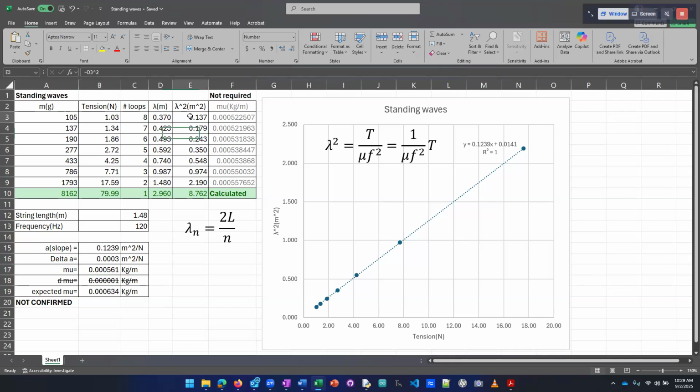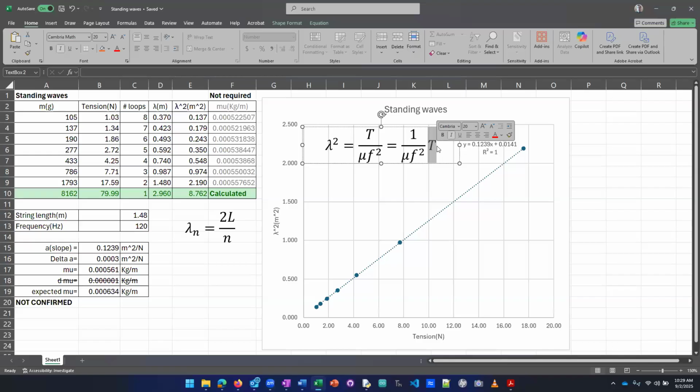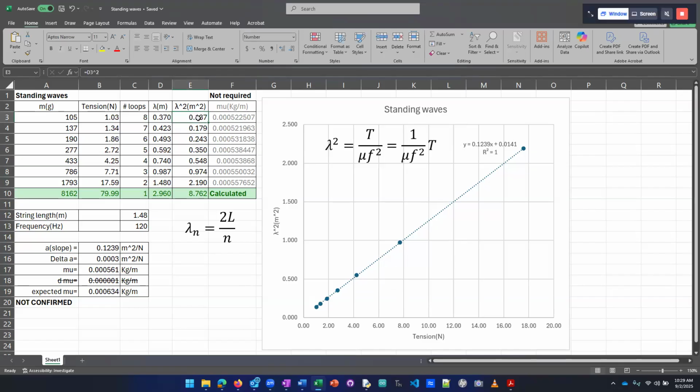So back to the calculation here, we have the square. If we look at this formula, I should be able to plot T tension as x and the lambda squared as y. And that's what these dots are. They're not evenly distributed because if you look at the squares, starting from 1.3, then 1.7, 2.4, and 1 all the way up to the 2.1.